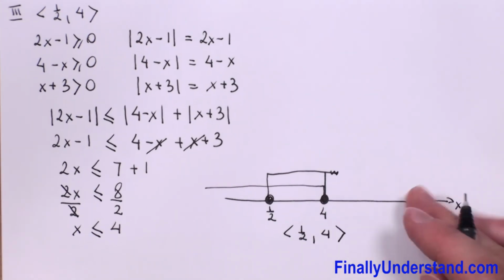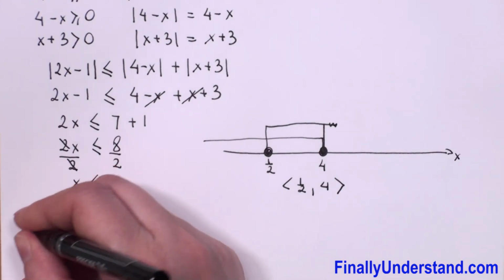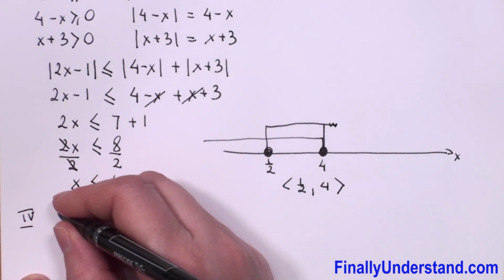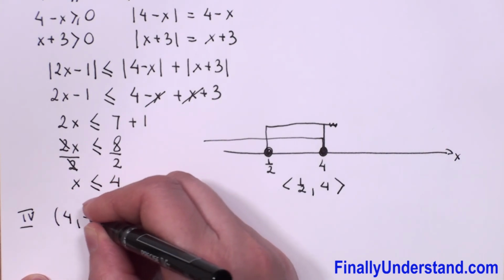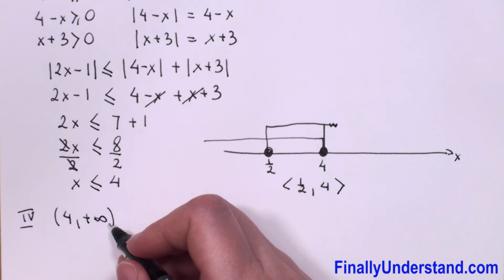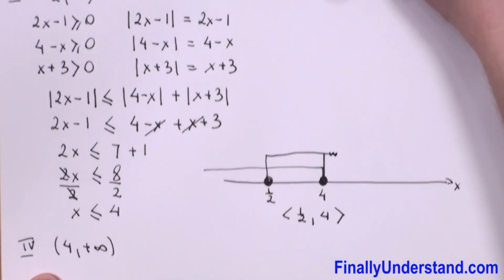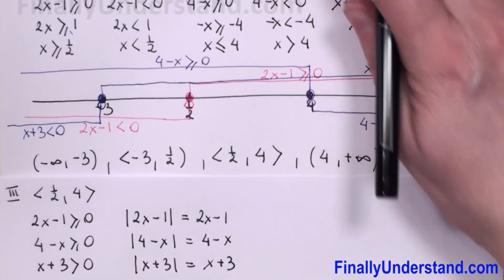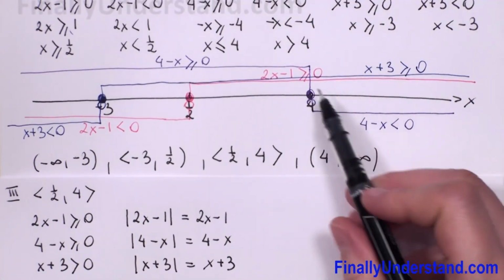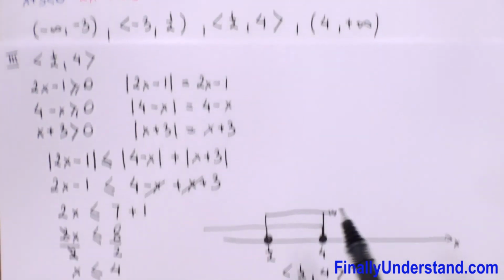Let's go to 4 case. 4 case we have in interval from 4 to positive infinity. In this interval we have to solve our inequality. In this part we see that 2x minus 1 has value greater than 0.